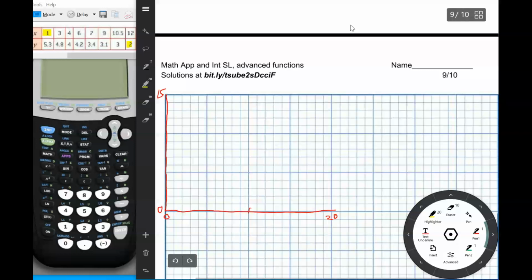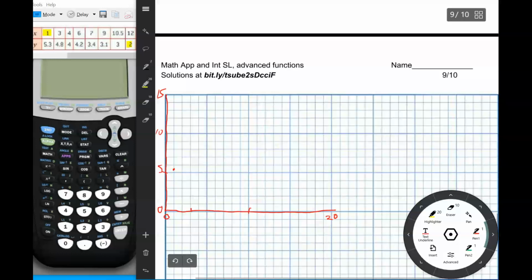So in this particular case, I'm just going to graph these points here. 1, 5.3 would be slightly above 5 right there. 3, 4.8.